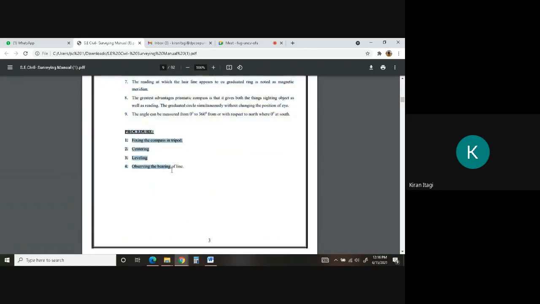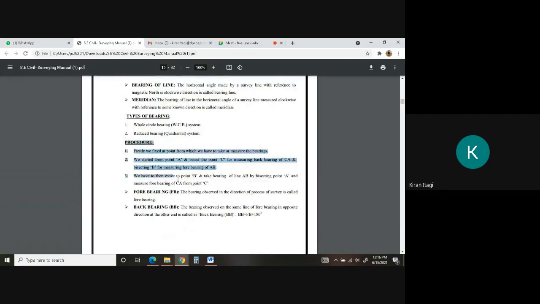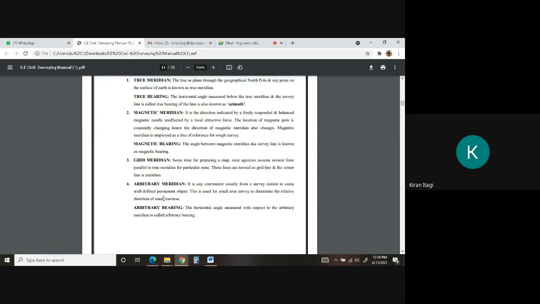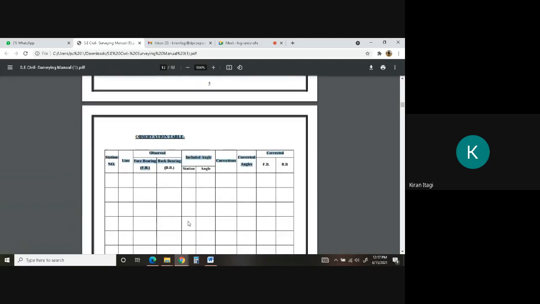You can go directly to the procedure, and write whatever is necessary. And the observation tabular column is compulsory, you have to write it. If we get the chance, then we will take the readings. If not, just leave it blank.